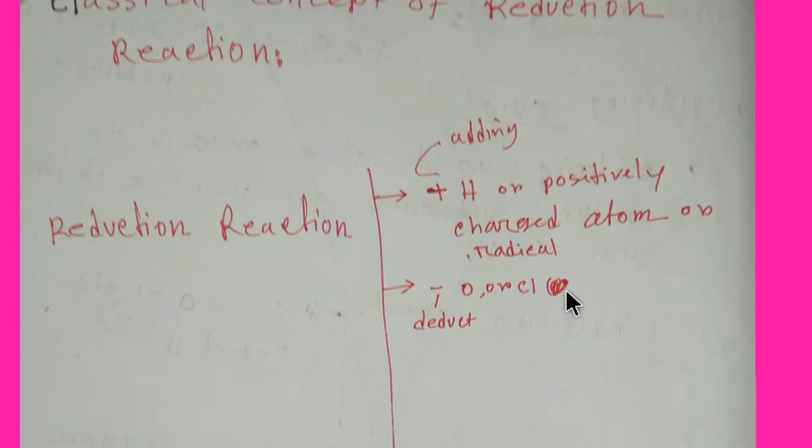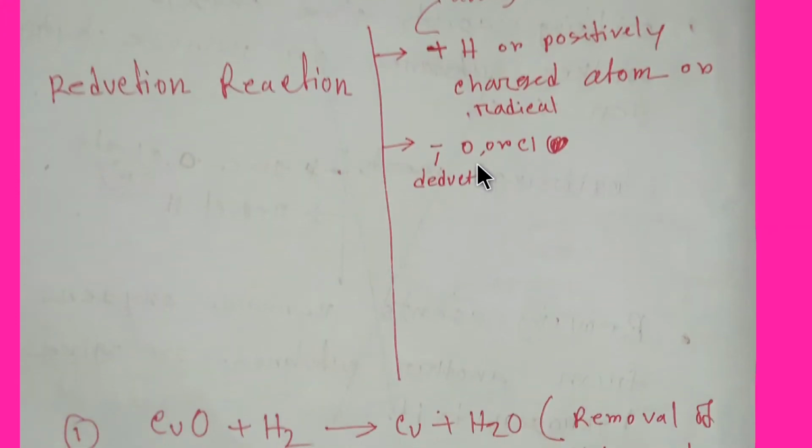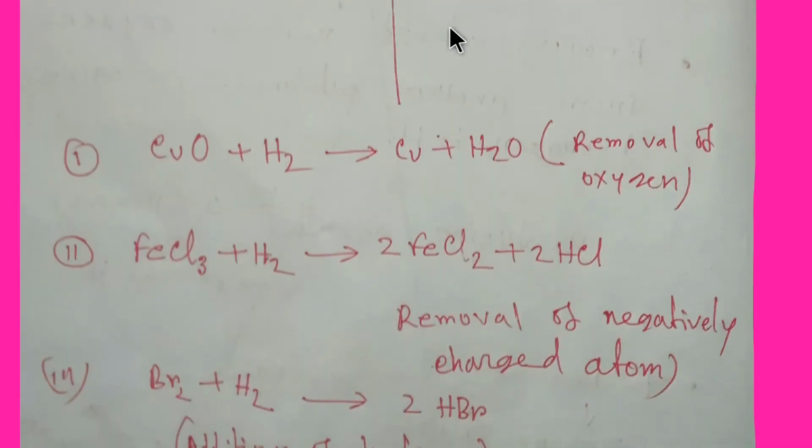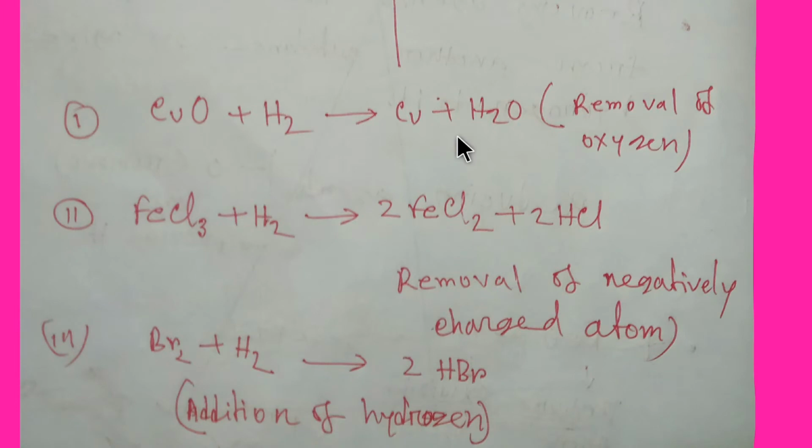Or we'll see the removal of oxygen or chloride, that is the negatively charged atom, right? So according to the definition, we will see this example, and this example will enable us to understand this concept clearly, confidently, right?